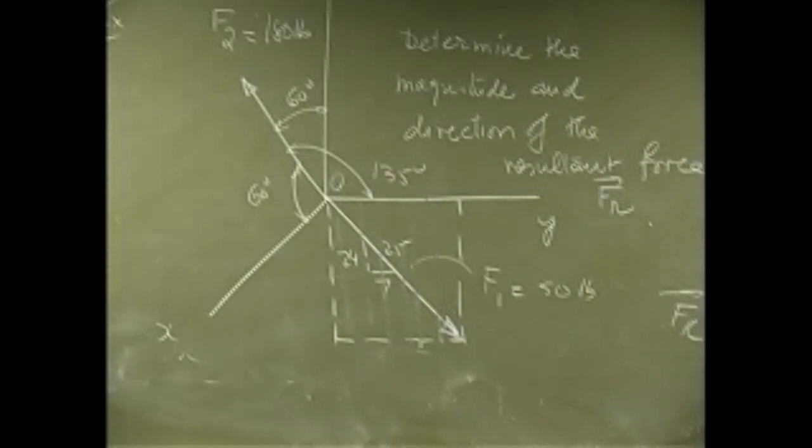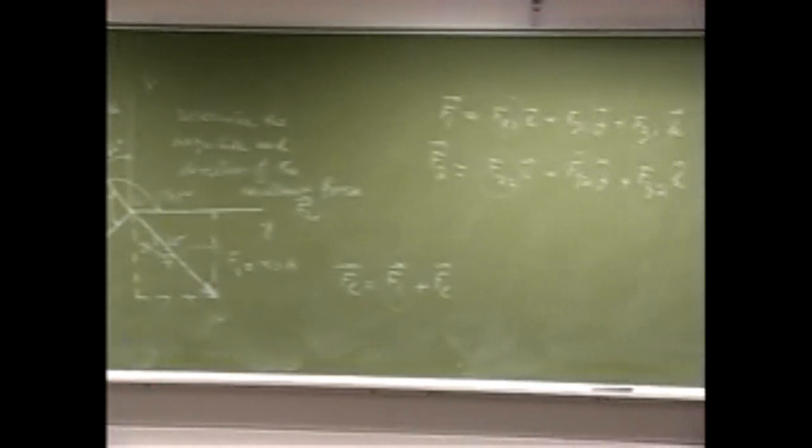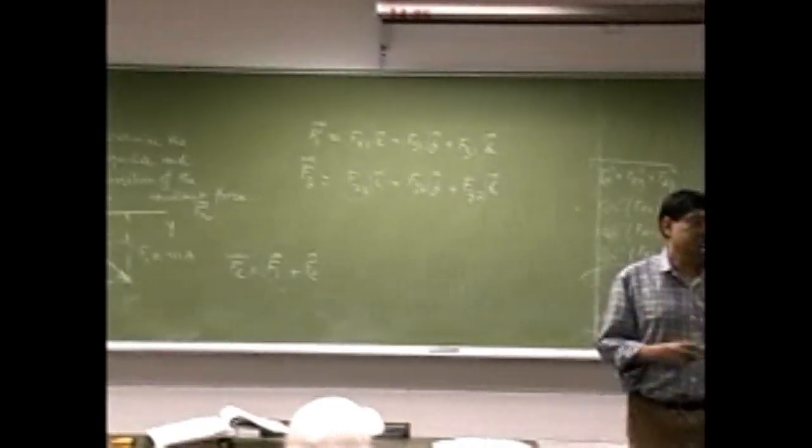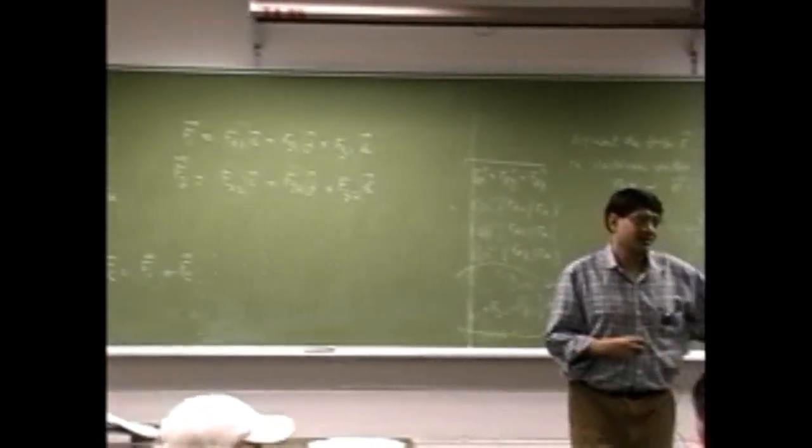So, what's the x component? It means 0, that's true, but why?